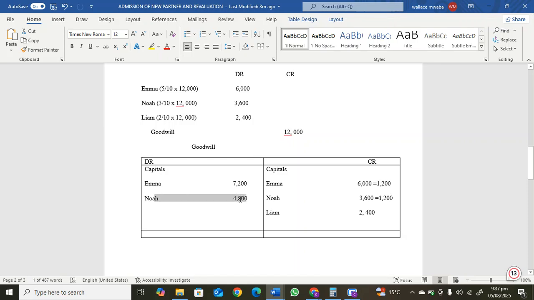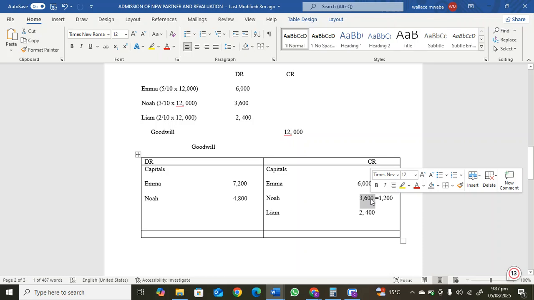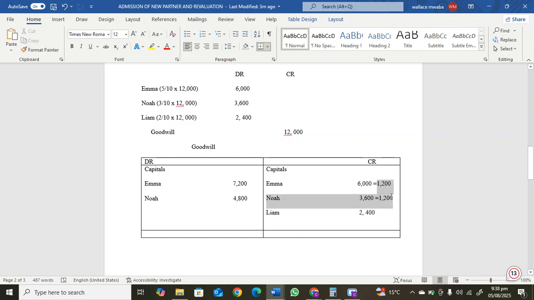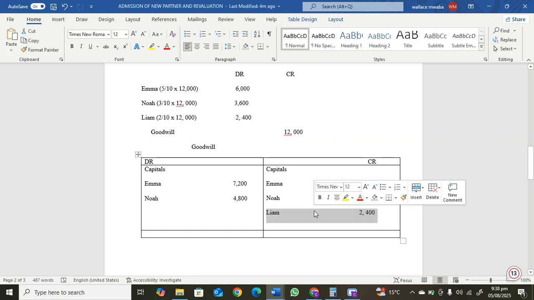He was entitled to 4,800. Liam has come in, he's now entitled to 3,600. So from 4,800 to 3,600, he's made a loss of 1,200. So these losses these guys have incurred have to be compensated by the new partner, which is this amount, 2,400.